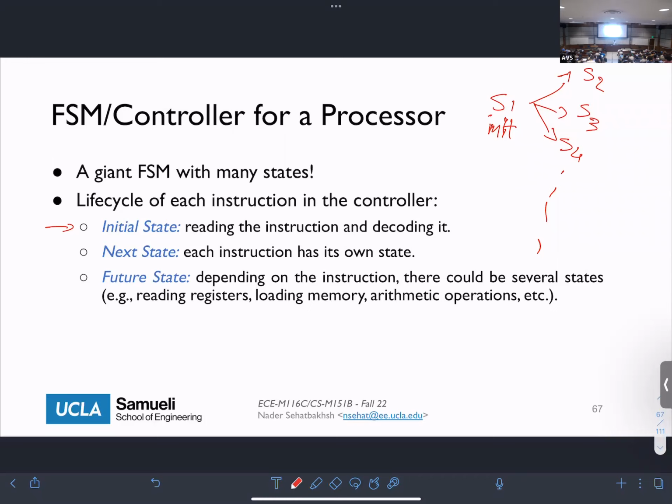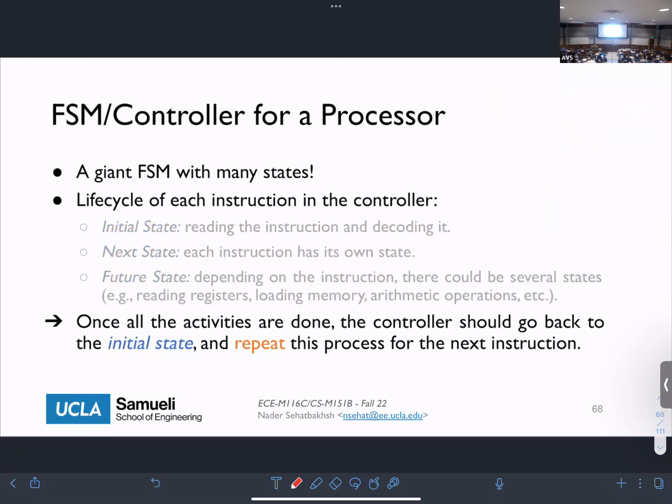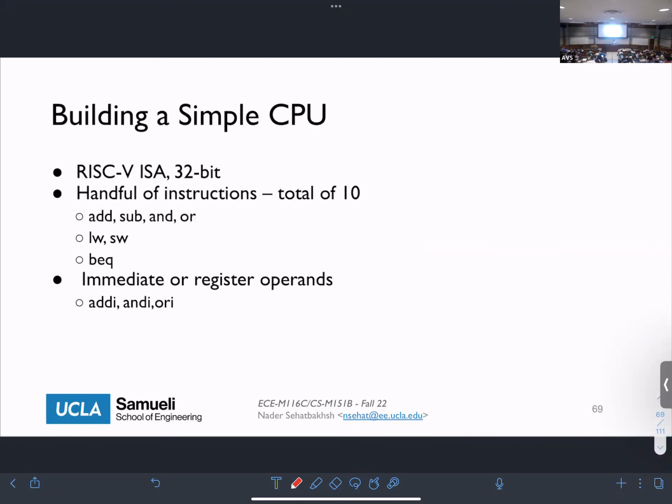And then again, depending on whether this is an arithmetic, load or store and so on, from that state we jump to another state, and so on and so forth, until we reach the end of that instruction, and then we have to jump back to our initial state. Okay, so this is what we should design in our controller. And then again, as I said, it's going to go back to initial and repeat for the next instructions. Okay. So now that we know that, let's actually get more specific and talk about a subset of instructions.